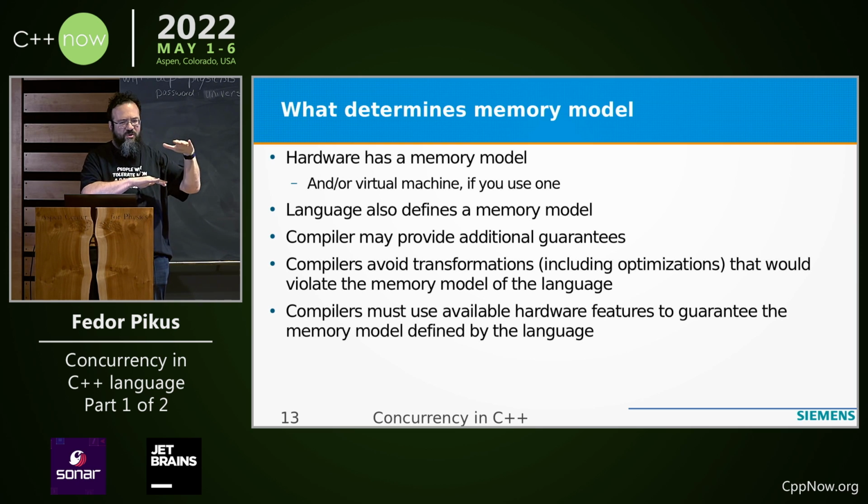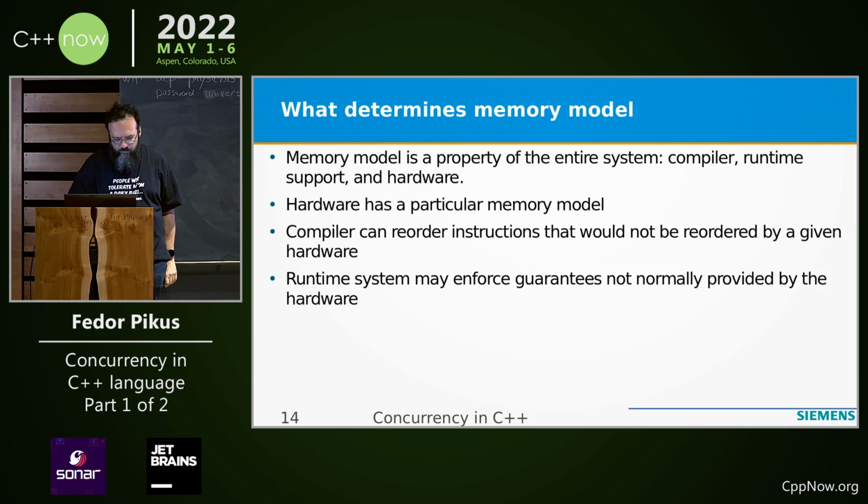But the compiler has to obey that restriction too. The compiler cannot move the code outside of the critical section. So both hardware and the compiler participate in providing you these guarantees. So memory model is a property of the entire system, and any one component could give additional guarantees.